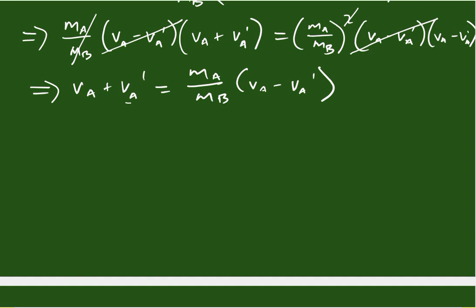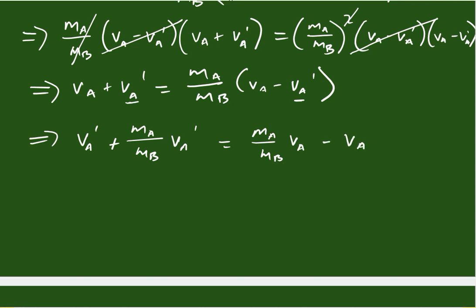Let's get va prime by itself, then we can solve. On the left hand side we'll have va prime, and then when we bring the one on the right hand side over, its sign will change from negative to positive. So it's plus ma over mb va prime, and then on the right hand side we'll have the ma over mb va, and then minus va, because we're taking the one on the left hand side, this one here, we brought it over the other side.